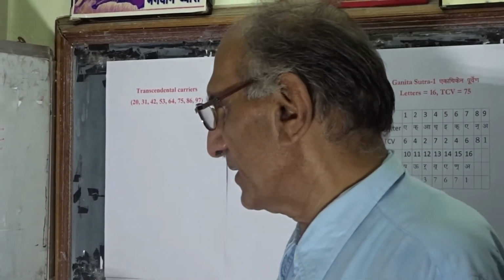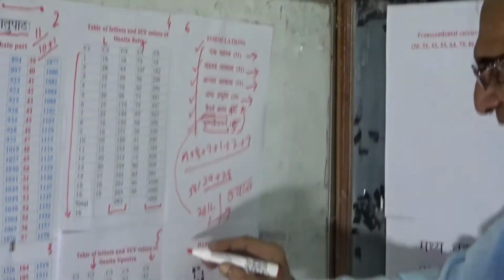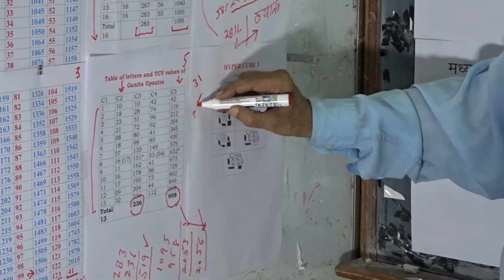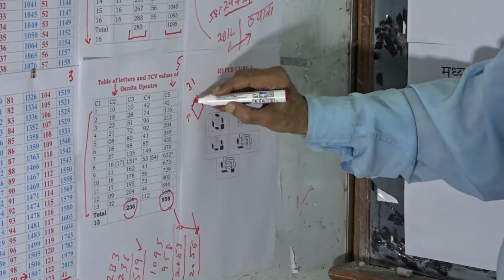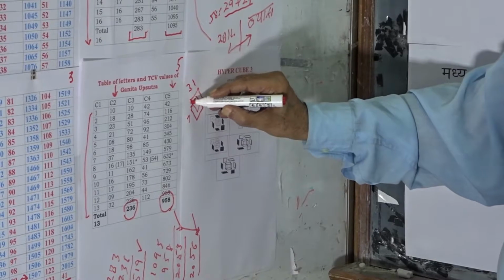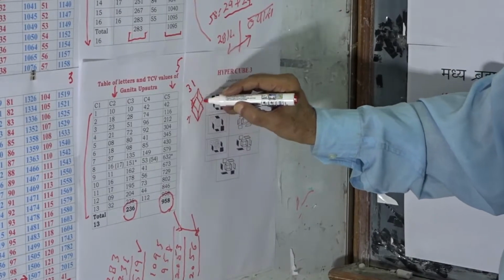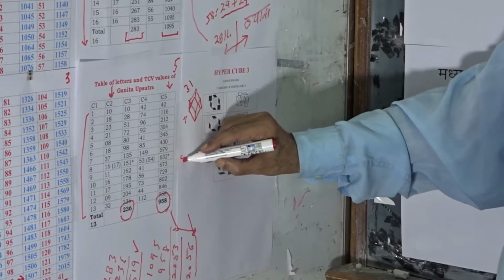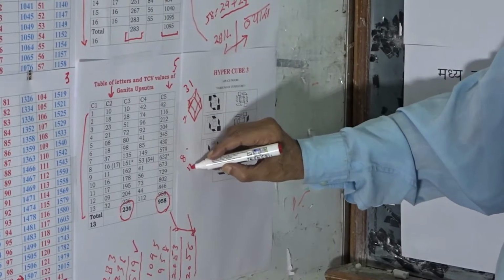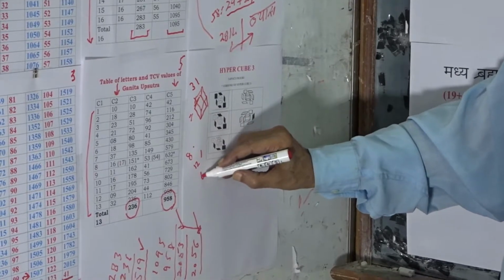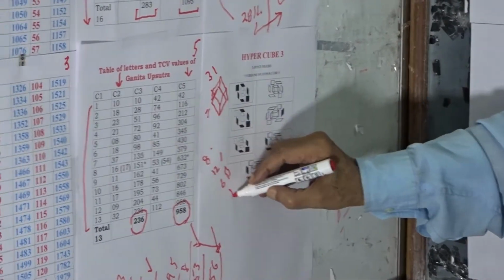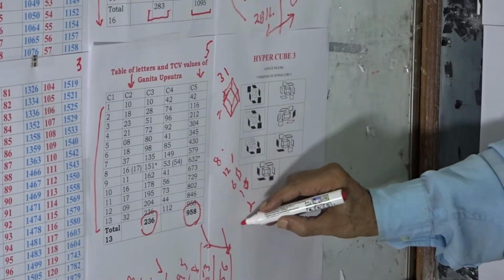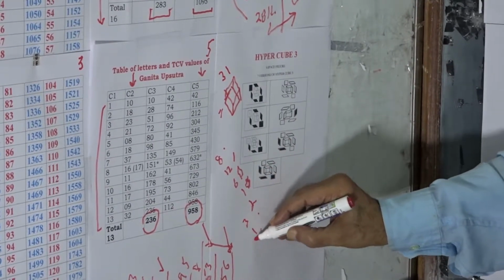A step ahead, we should see that value 31 is equal to the 31 transcendental components of the structural components of the hypercube 3, the representative regular body of a 3 space: 8 corner points, 12 edges, 6 surfaces, 1 volume, and 3 axes and 1 origin, which makes it 31.